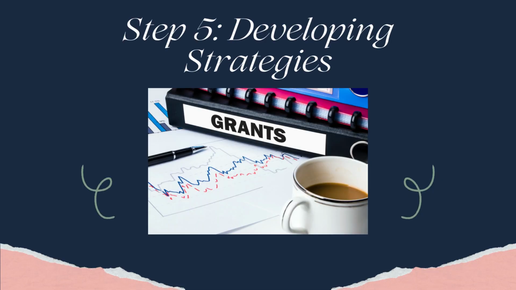So, in Winning Grants Step by Step, the complete workbook for planning, developing, and writing successful proposals, Step 5 of that is developing strategies. So we're formulating a strategy to reach our goals and our objectives. We've already formulated our problem statement, our goals and objectives are set, and then this step, we can effectively outline what we plan to accomplish and when.